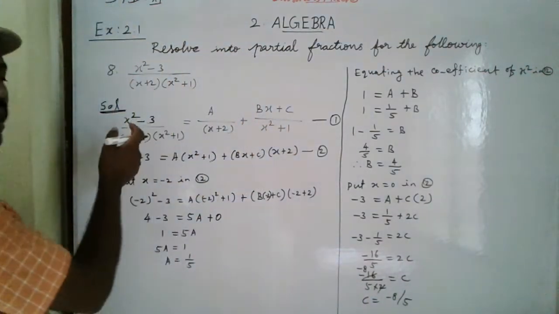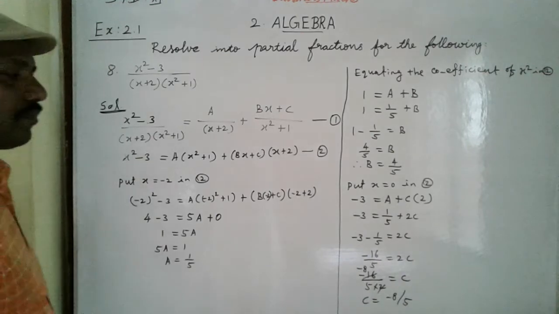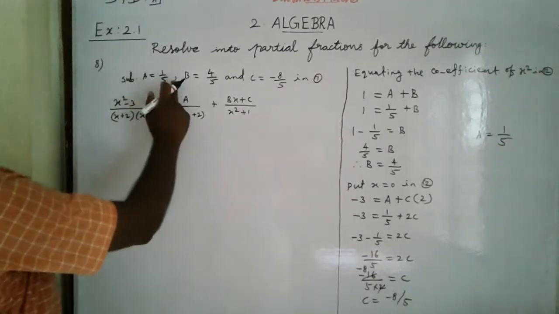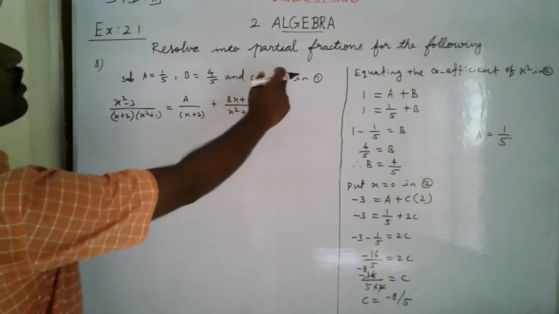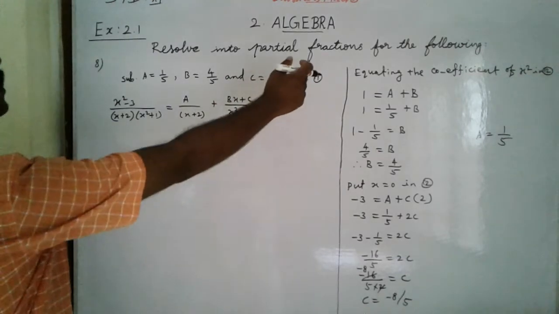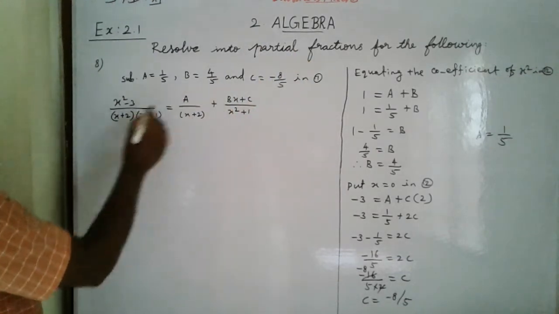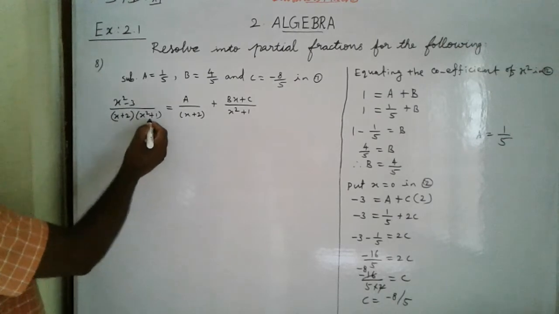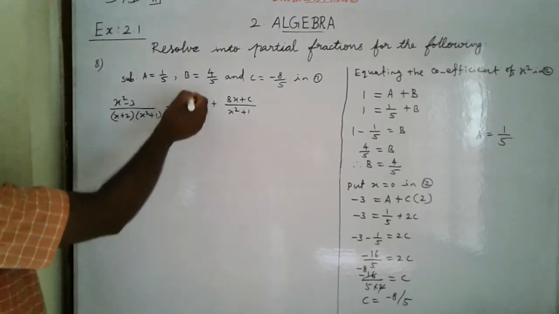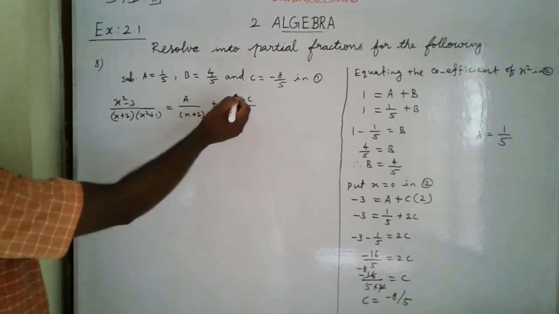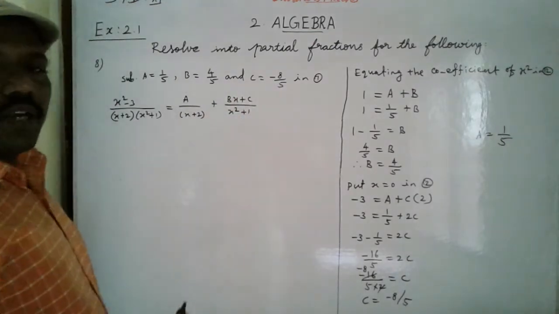Substitute this value in equation number 1. Substitute A equal to 1/5, B equal to 4/5 and C equal to −8/5 in equation number 1. So equation number 1 is (x² − 3)/((x + 2)(x² + 1)) equals A divided by (x + 2) plus (Bx + C) divided by (x² + 1).